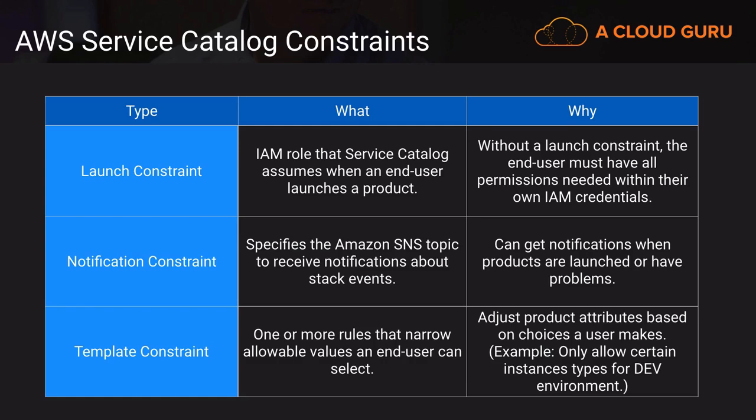For example, maybe we ask them whether they are going to be storing personally identifiable information on this data store. If the answer is yes, then we're going to implement encryption because our corporate policy says any PII data must be stored at rest with encryption. Another example is maybe we ask the user, is this for a development, QA, or prod environment? And if it's for a development environment, we only allow certain instance sizes because anything larger would be totally oversized and a waste of money.